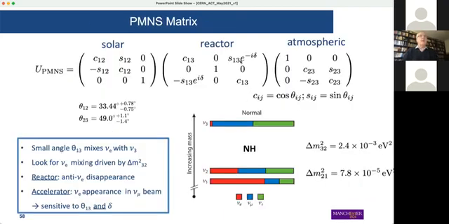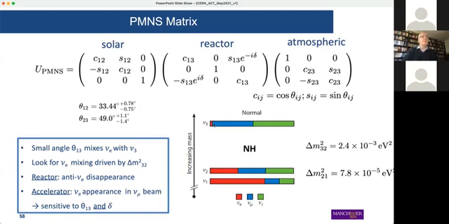So we now know this term isn't too small. We have measured this with reactor anti-nu E disappearance. Actually, another way of looking at this term is to look at nu E appearance in a nu mu beam, because there should be a small component of this in a muon neutrino beam.